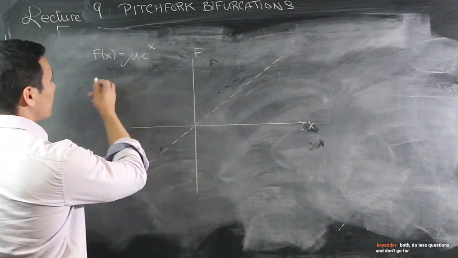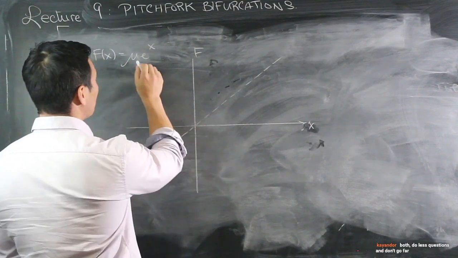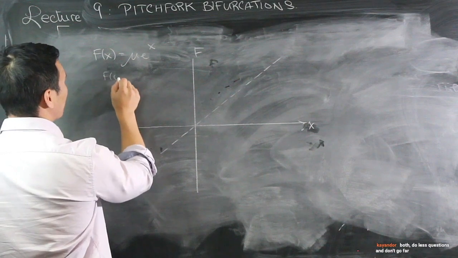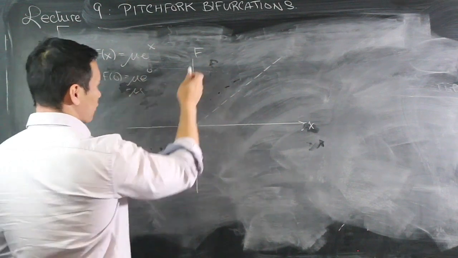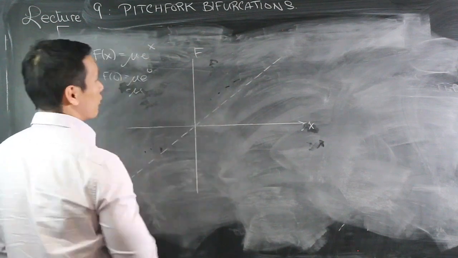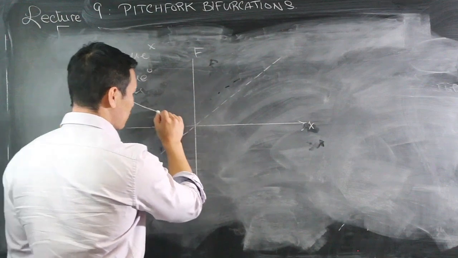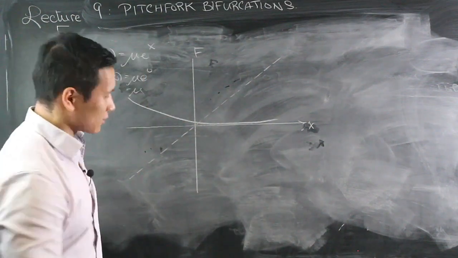Okay, so in this case, let's do the case when mu is small. So you know that this thing here always has an intersection. You know that at f of 0, it's just mu times e to the 0, which is mu. So the y-intercept here will move down as mu gets smaller and smaller. Sorry, what am I doing?